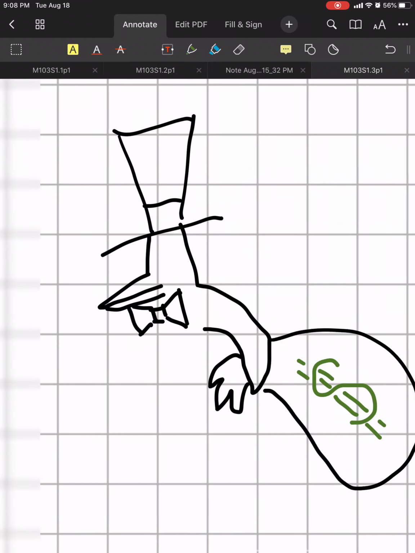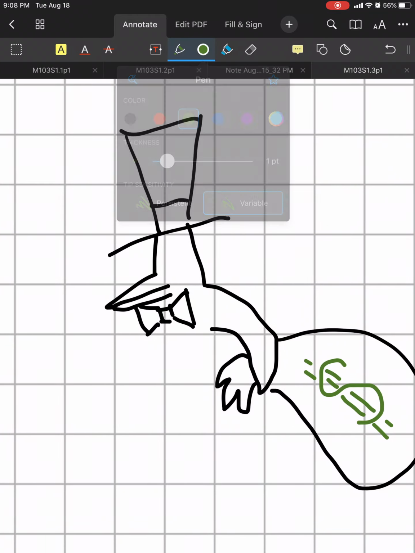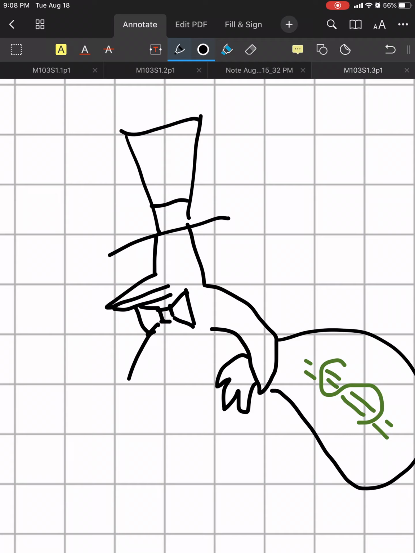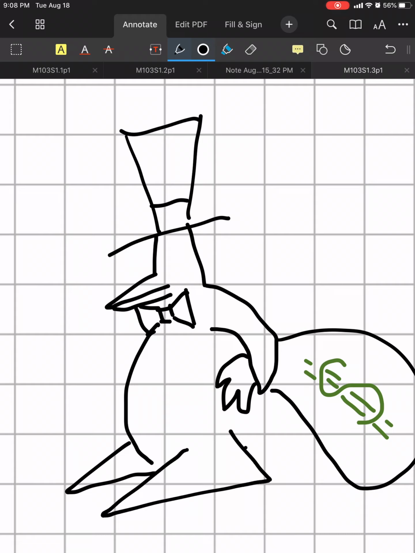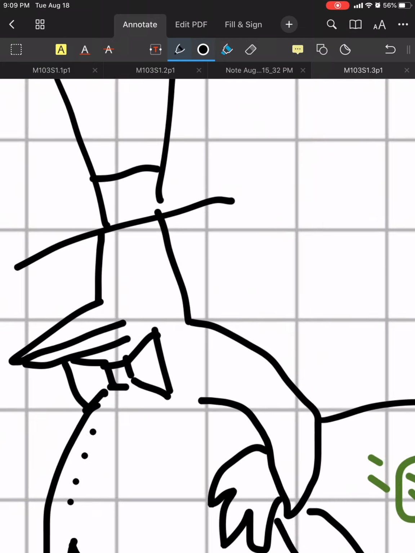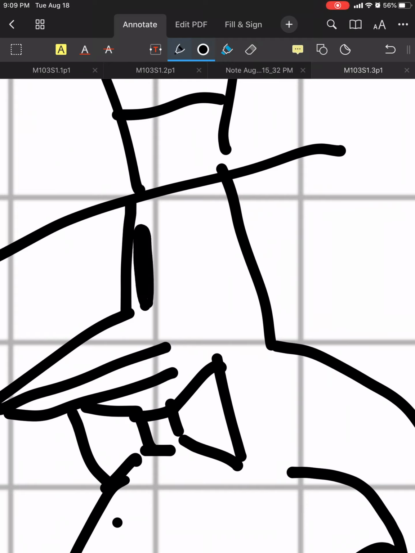There we go. And okay, and let's zoom in a little bit.